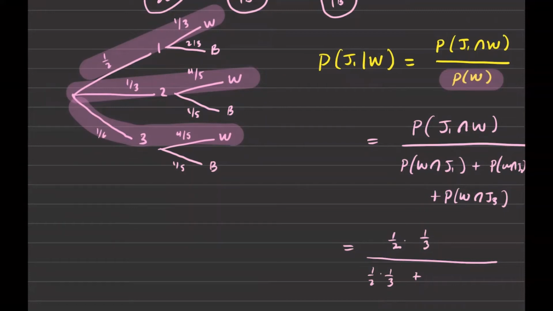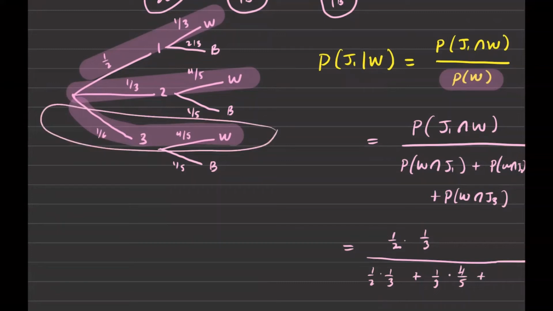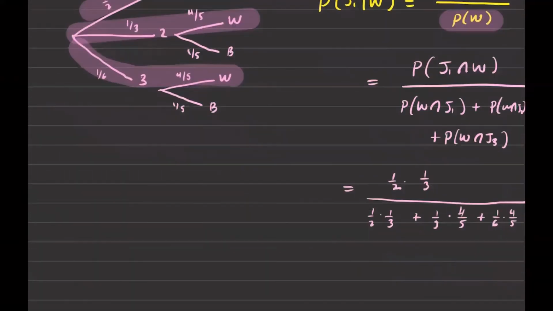We multiply these probabilities, 1/3 times 4/5, plus, and the last piece, it is this one right here, the last branch. We're selecting jar 3, and it is white. So that's 1/6 times 4/5. So let's go ahead and multiply these out.